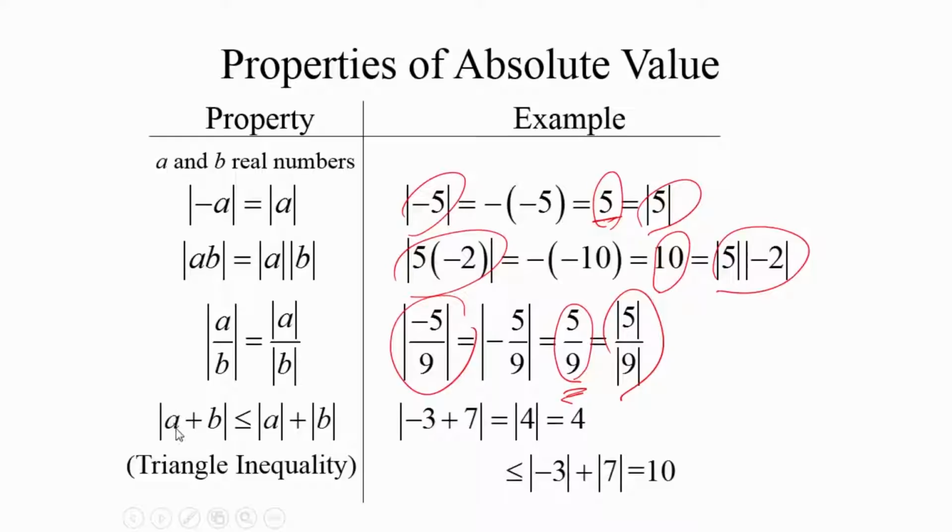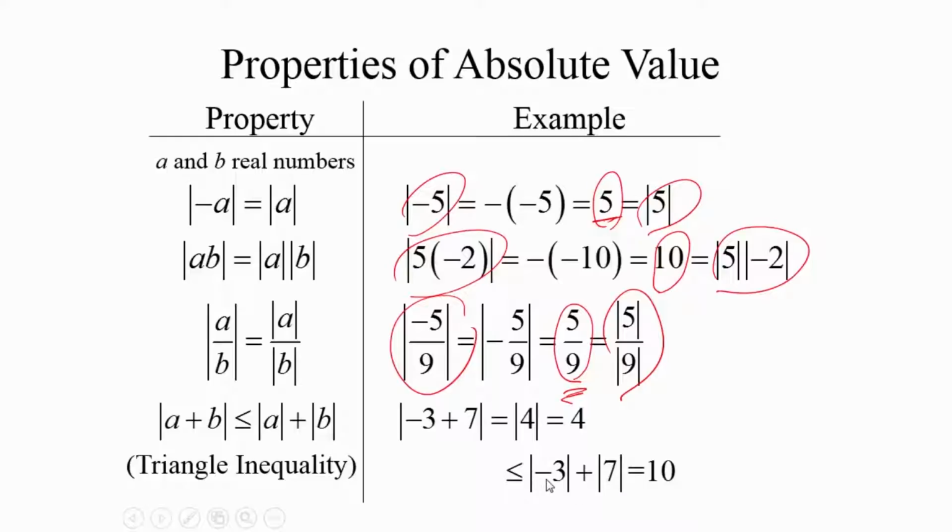Finally, absolute value of a plus b is less than or equal to absolute value of a plus absolute value of b. How do we do that? Absolute value of minus 3 plus 7, right? Minus 3 plus 7 is 4. Absolute value of 4 is equal to 4. Now let's separate them. Absolute value of minus 3 plus absolute value of 7.